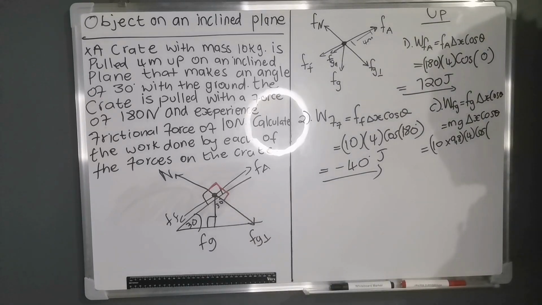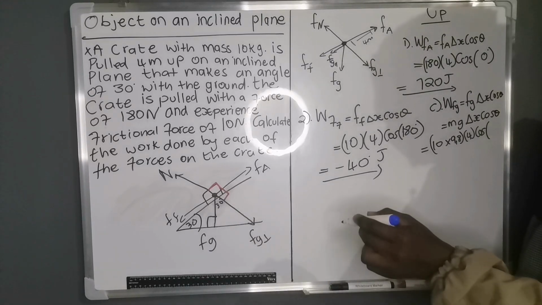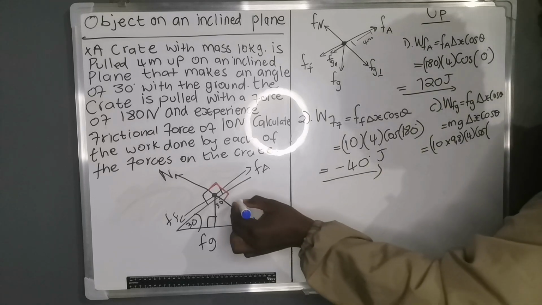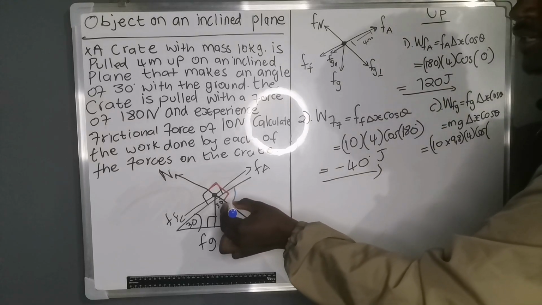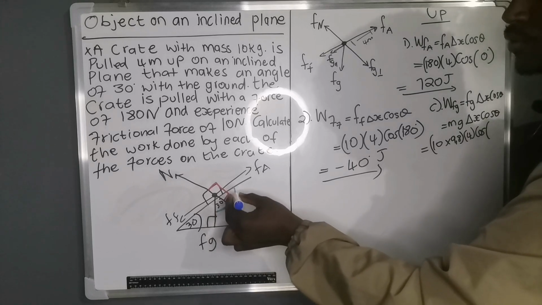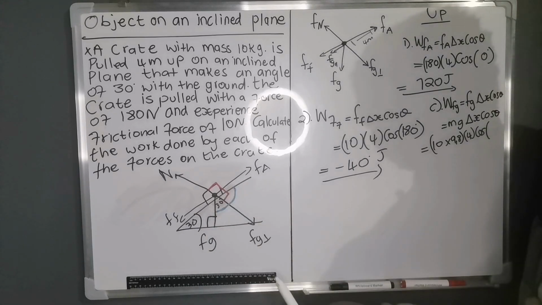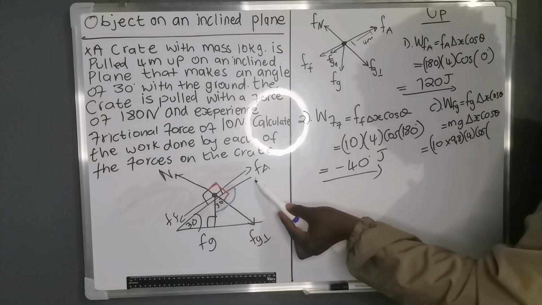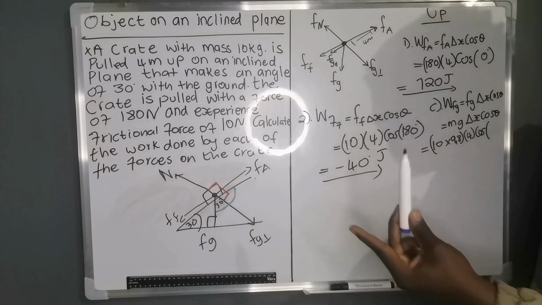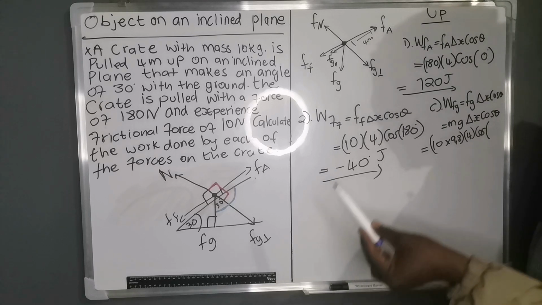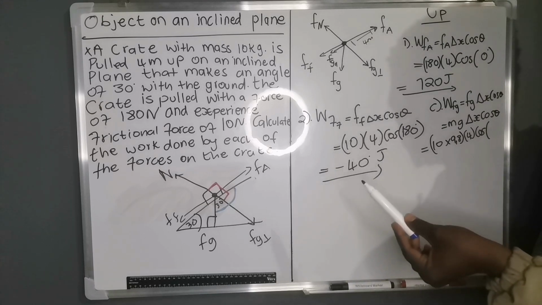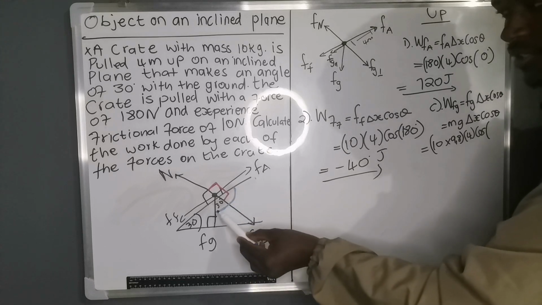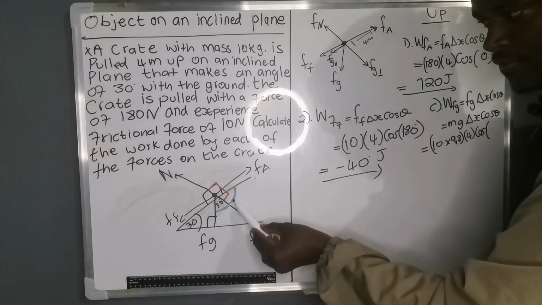Now let me measure the angle between this line and this line. As we go back to the definition, the angle between the force and the displacement is theta. Therefore, the angle between Fg and our displacement is found right here.